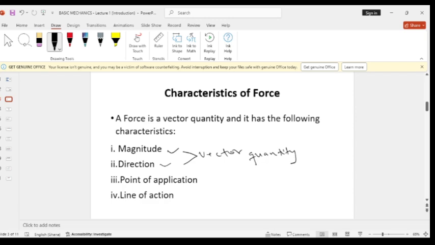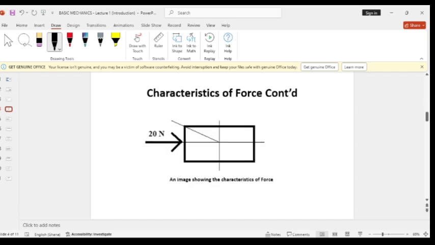So I will describe all these characteristics in a simple image like this one. Let's assume this simple scenario. We have a rectangular object here, and let's assume this particular line here, and this particular line, are the lines of action.